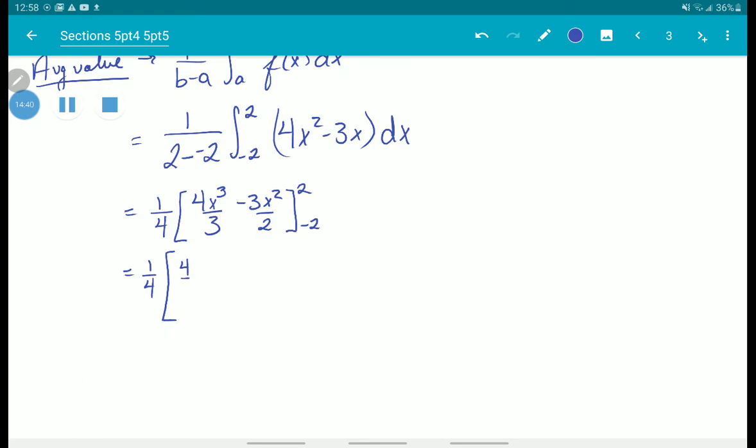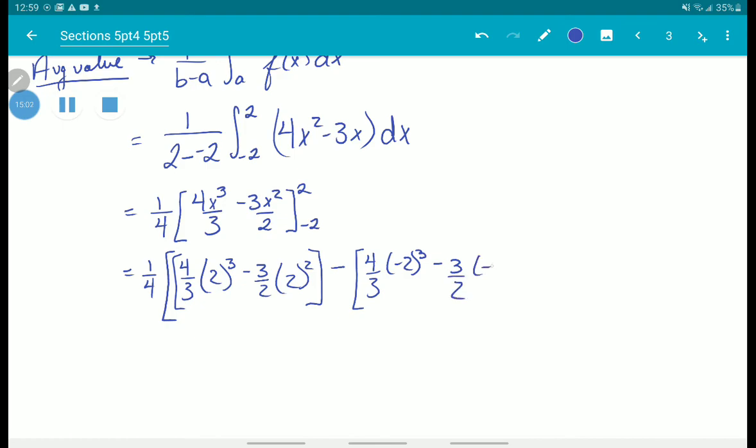So we have 4 thirds times 2 cubed minus 3 halves times 2 squared. And then we're going to plug in the negative 2. So we're going to have 4 thirds times negative 2 cubed minus 3/2 times negative 2 squared.